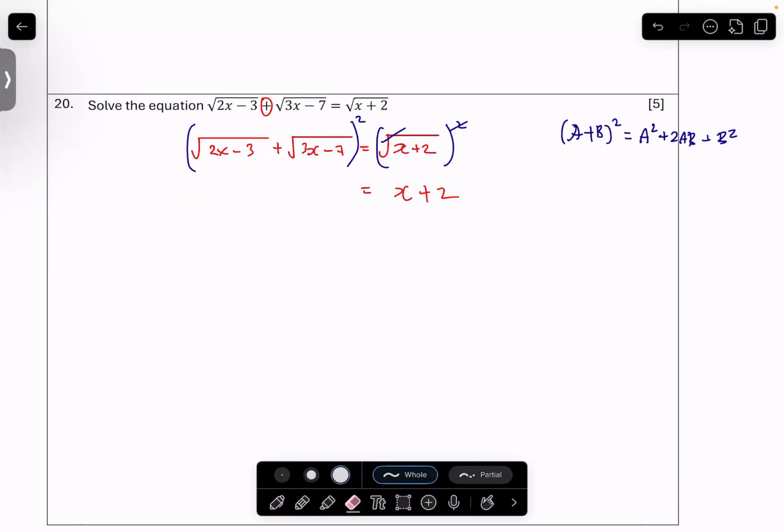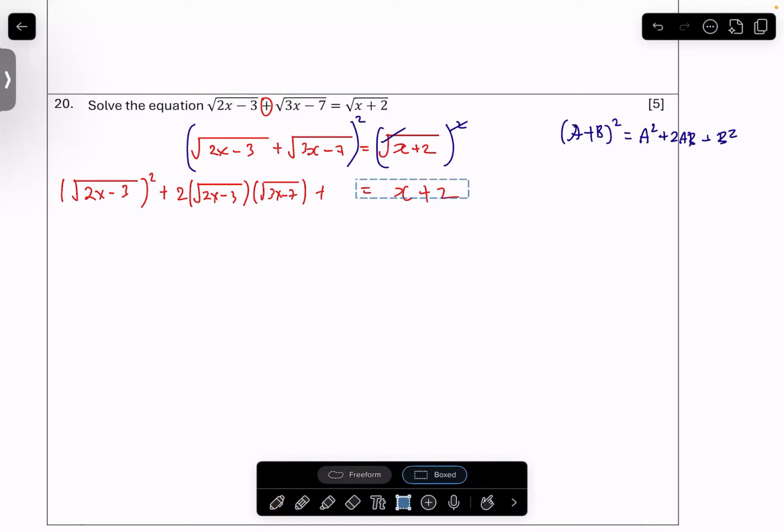It will be like this: root 2x minus 3 squared plus 2 times root 2x minus 3 times root 3x minus 7, plus root 3x minus 7 squared.